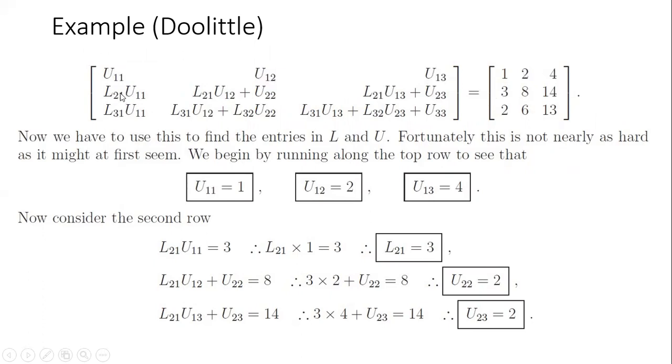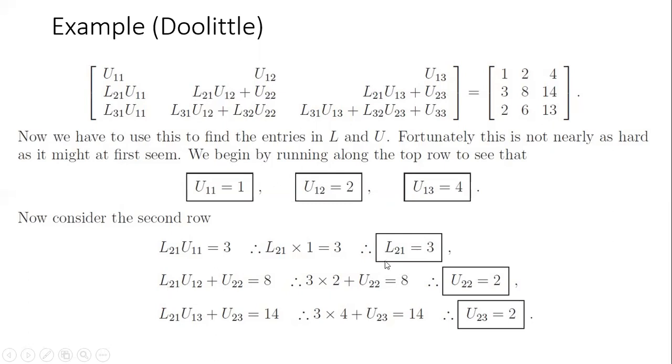Then for the second row, L21 times U11 is equivalent to 3. Since we already have the value of U11, which is 1, this will give us the value of L21, which is equivalent to 3.